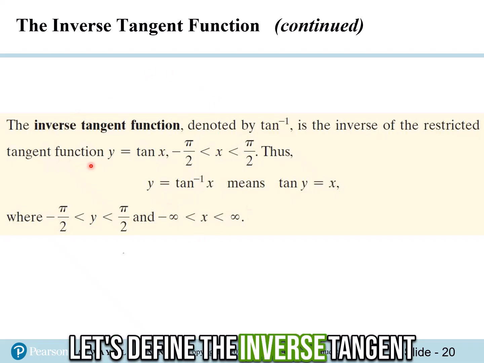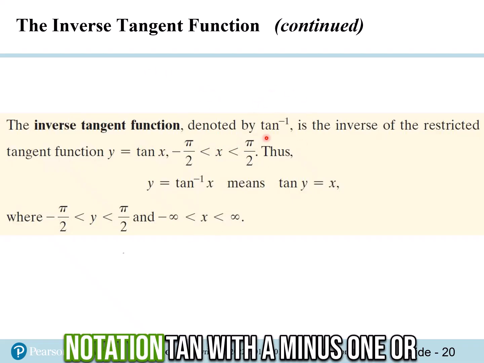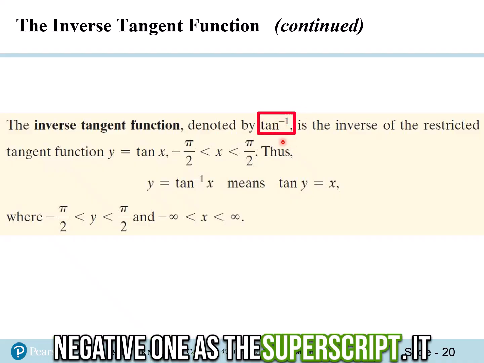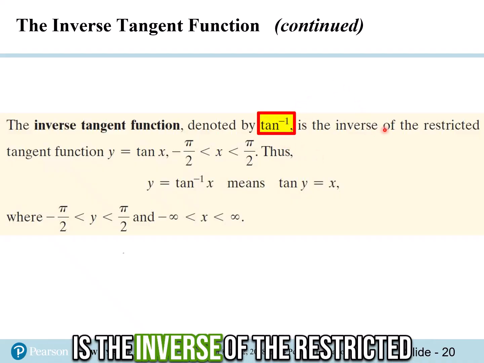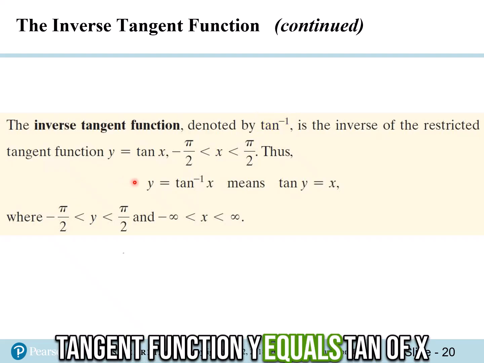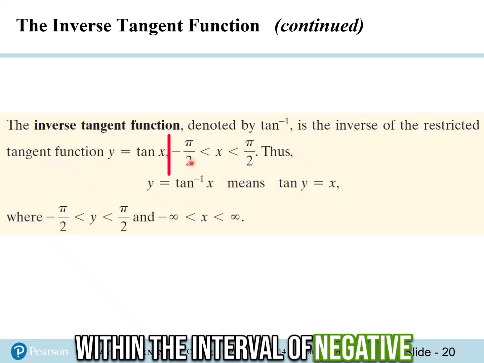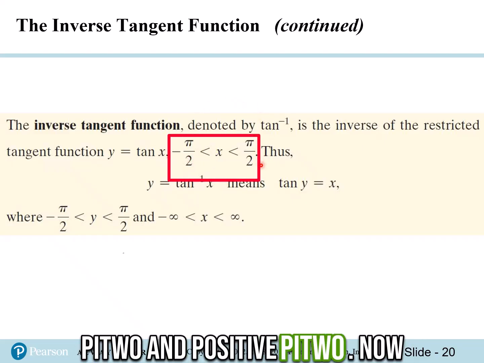Let's define the inverse tangent function, denoted by the notation tan with a -1 as the superscript. It is the inverse of the restricted tangent function y equals tan of x within the interval of negative pi over 2 and positive pi over 2.